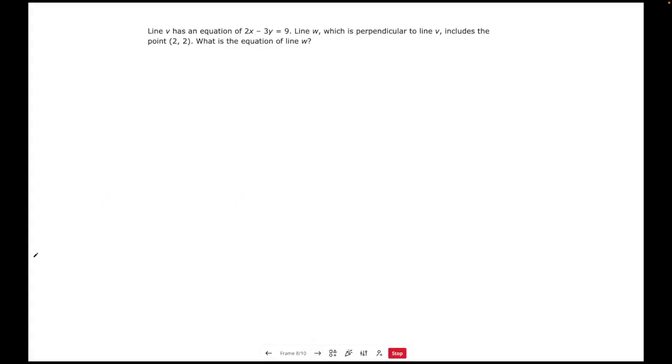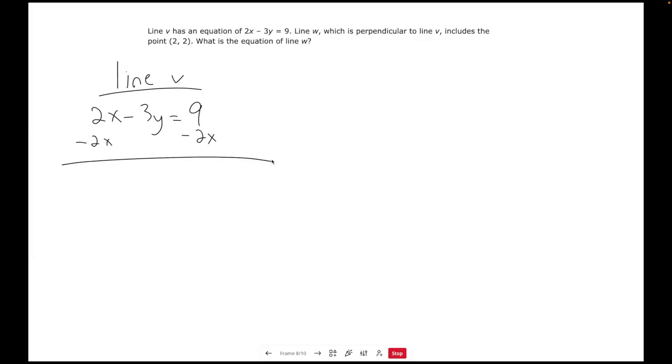All right, for this last type of problem, it's not in slope-intercept, it's not in point-slope, which means that you have to actually move it around and solve for the y. So we need to get the y by itself, so we're going to do -2x on both sides. Now we have -3y equals 9 minus 2x.